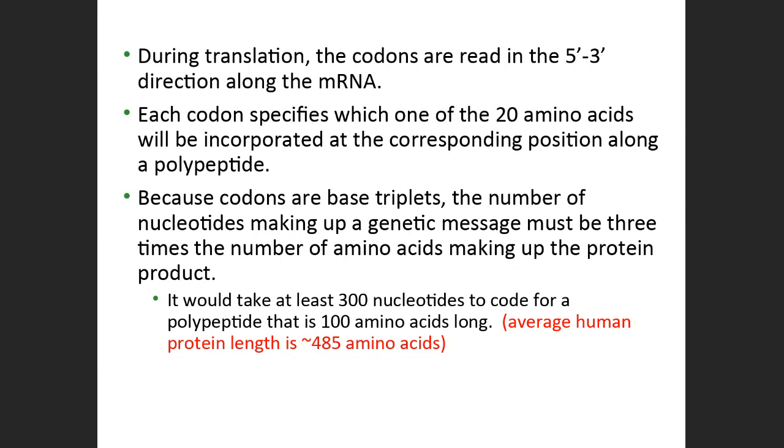The average human protein length is about 485 amino acids. So let's make the math simple and round that up to 500 amino acids. How many nucleotides are required to code for that protein? 1,500, right? 3 times 500.